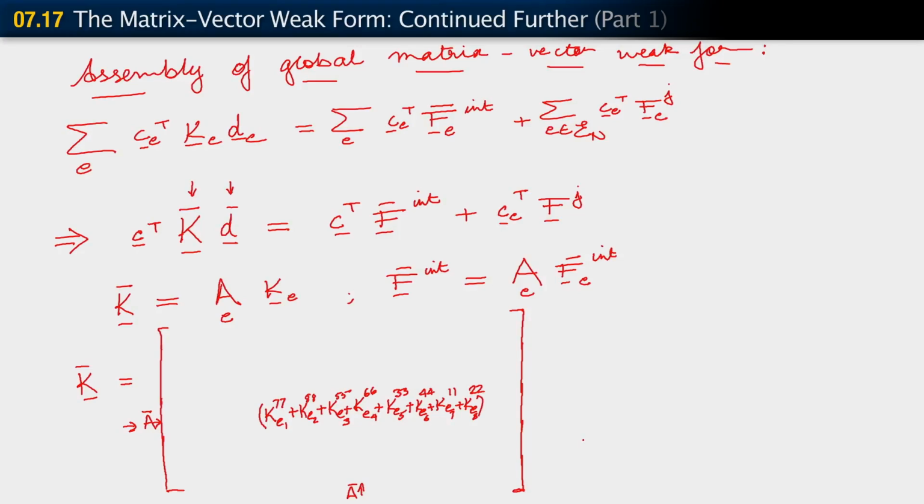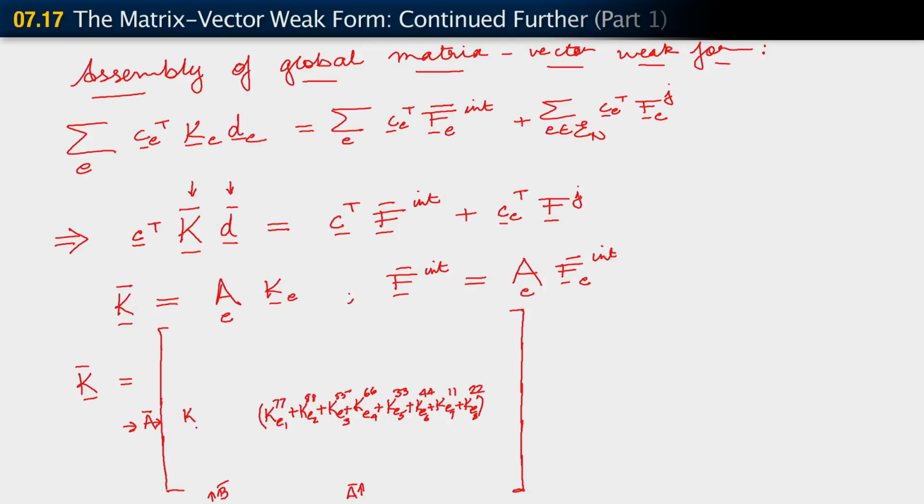If instead of looking at the A bar contribution, I were looking at maybe the A bar B bar contribution, where B bar was some other global node, okay, then we would have contributions to this A bar B bar component of the global conductivity or global diffusivity matrix, where here we would have in general, maybe I'm going to write just one or two of those contributions, right?